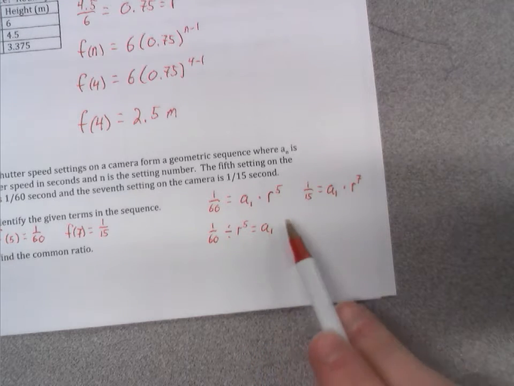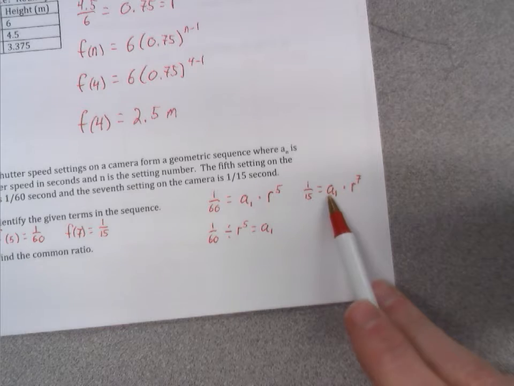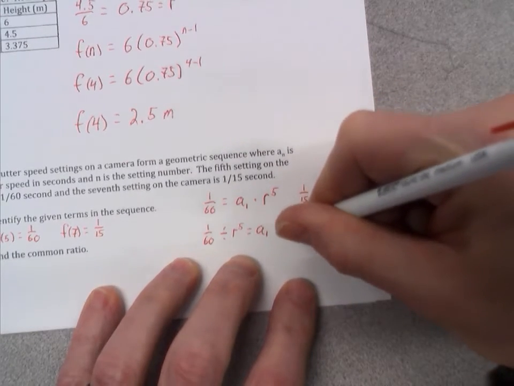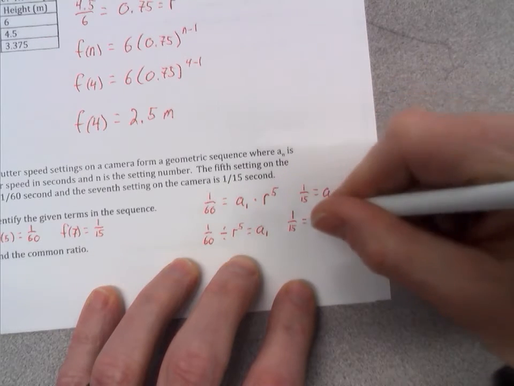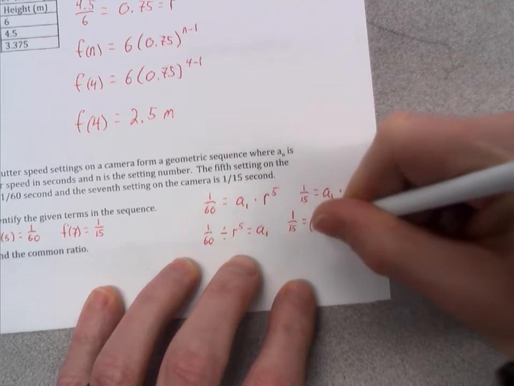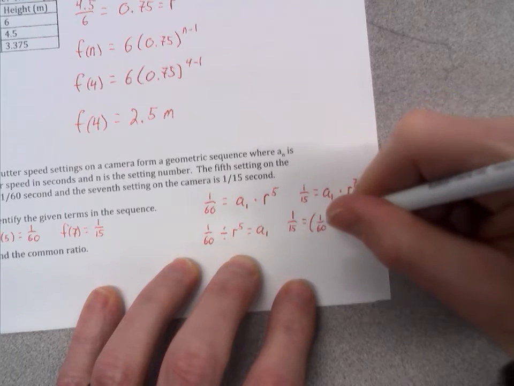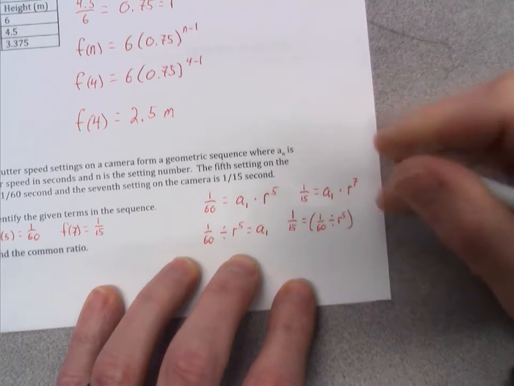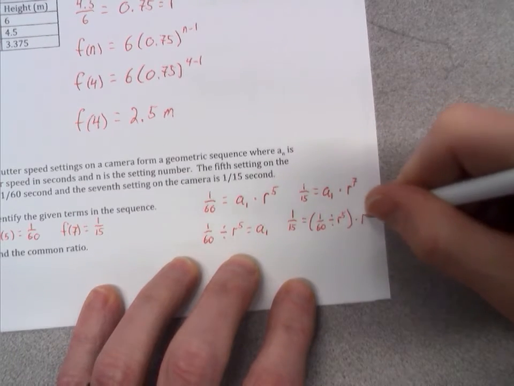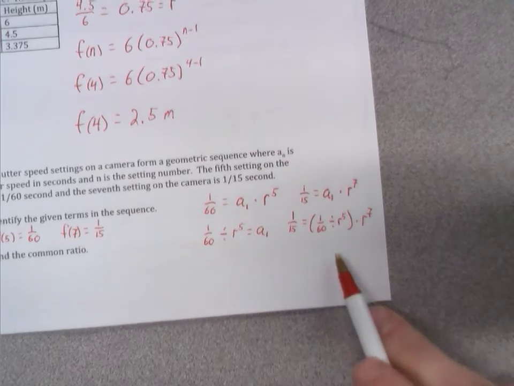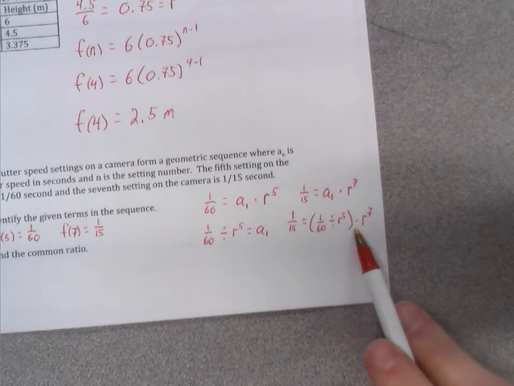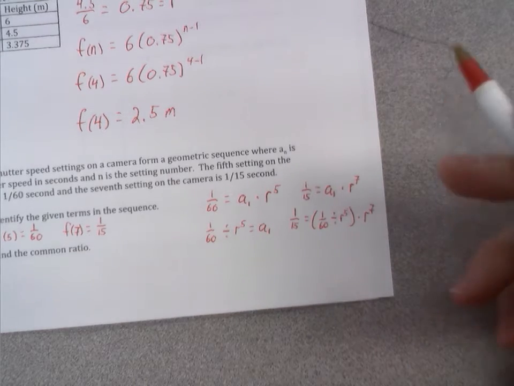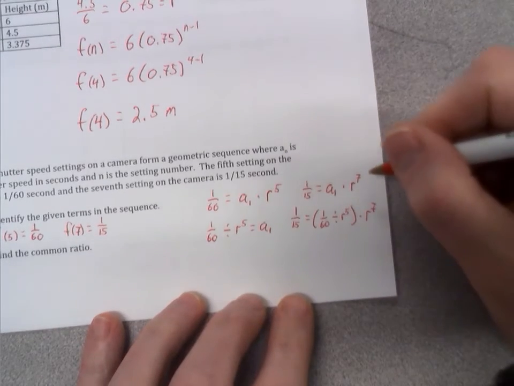We can now substitute that in here, for A of 1, which will look like this. 1/15th is going to be equal to 1/60th divided by R to the 5th, outside, times R to the 7th. And this is going to help us to find that ratio because we've gotten rid of the A of 1. It's not there anymore.